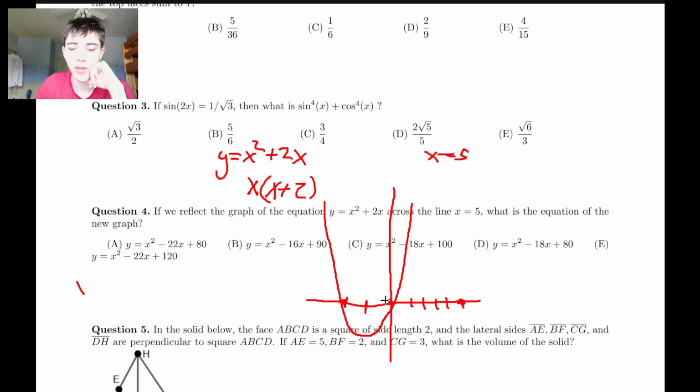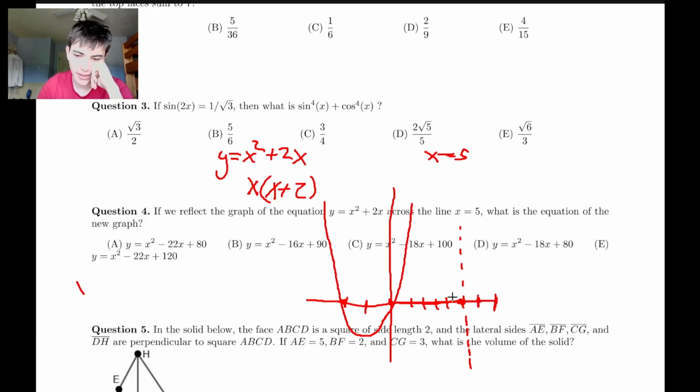So if we come over here and we think about reflecting about this line, x equals 5, well, if we're reflecting, then the distance has to remain the same, right? But we're just going to be going the opposite direction.